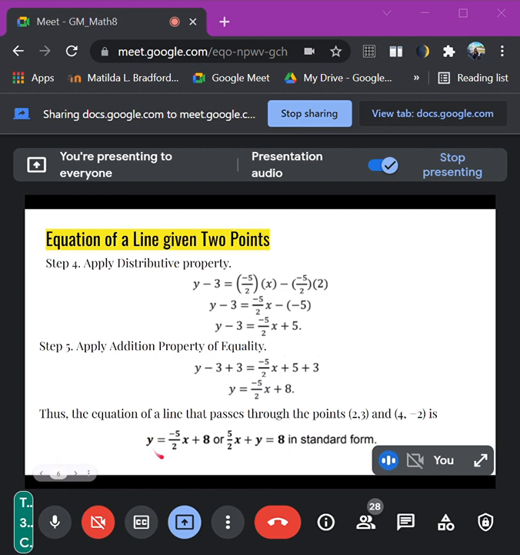Kaya kani siya, this is in slope intercept, and then this one is in standard form. So, kung para pareha ta og answer tanan class, we need to change our answer in standard form. Okay? Para same ta og answer tanan, we need to change it into standard form. Okay? Standard form. So, that is for our example number 1.